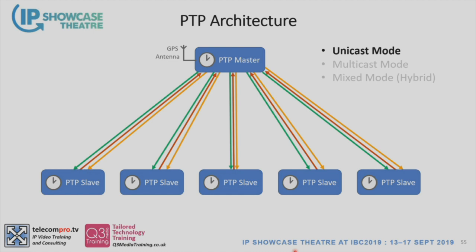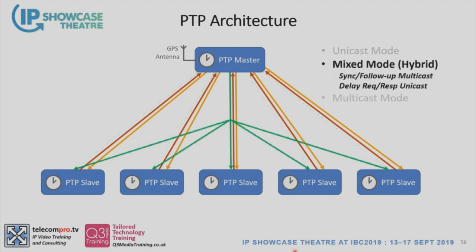If you've got over 100 devices that need to talk PTP in a network, possibly that's more than one grandmaster can cope with, and you need to take some design choices on how you can go beyond that scale. Another way you can change the configuration and reduce the load on the master a little bit is, rather than sending unicast messages to each of the individual slaves, you can send a multicast instead.